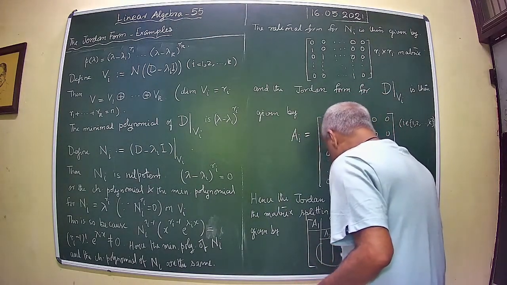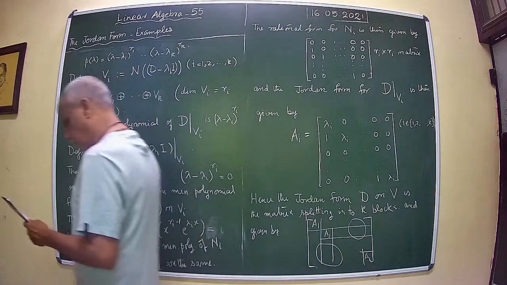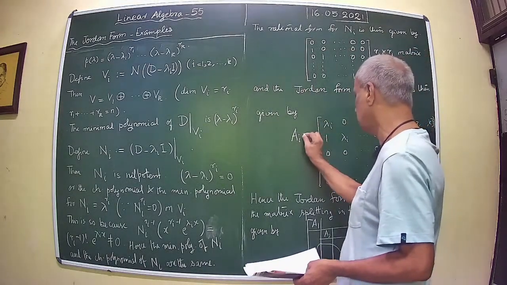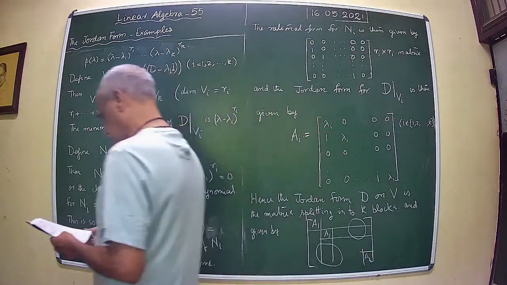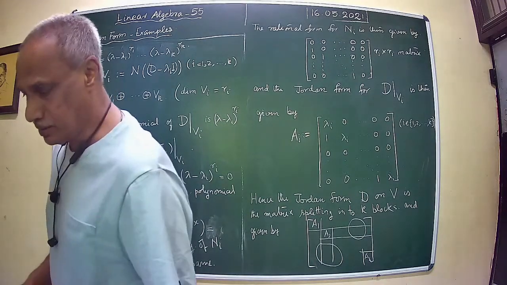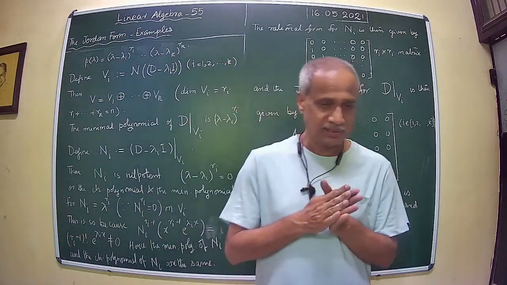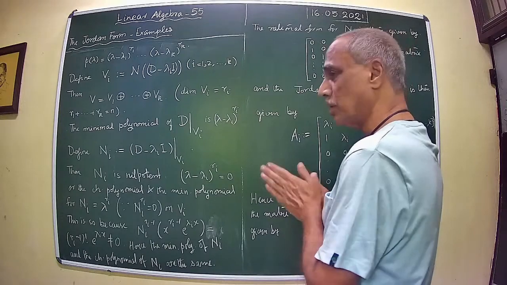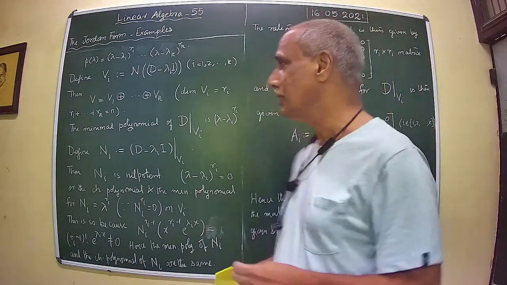Now this is the corresponding Jordan form for the operator D. Okay, that's a very interesting connection between the nth order linear differential equations and the Jordan form of the operator.